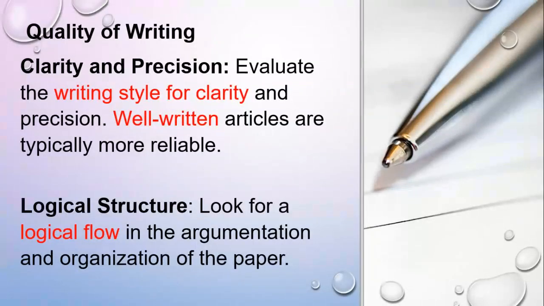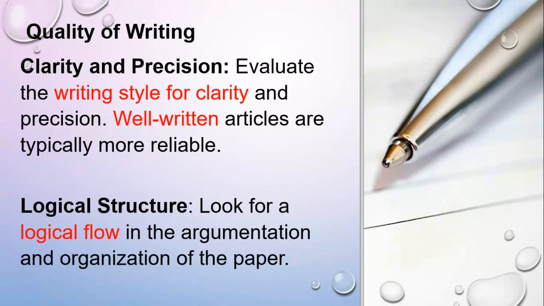By academic writing, we mean clarity; you have to be very clear and precise, right? You have to evaluate the writing style for clarity and precision. Well-written articles are typically more reliable. So the quality of writing and the logical structure; also, we look at the logical structure of the article.